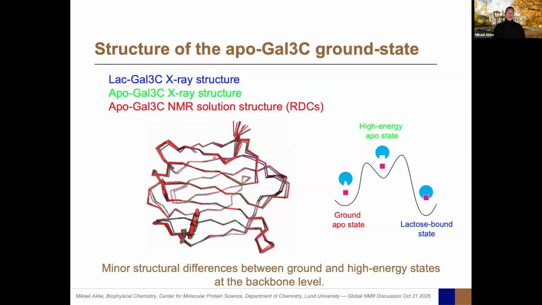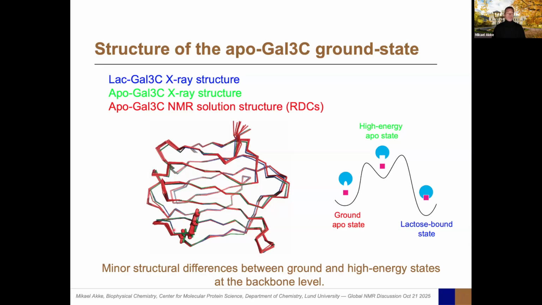This is the ground state apo structure in red, an ensemble of structures determined from only backbone RDCs. So there's very little, and also actually the tryptophan side chain here we had data for. And in green and blue, again, green is like before the backbone trace of the lactose bound state.